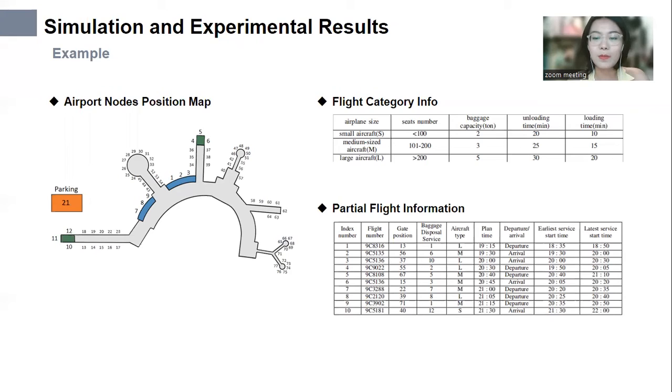Baggage departure areas are points 1, 2, 3, 7, 8, 9, and the baggage arrival areas are points 4, 5, 6, 10, 11, 12. And the rest represent the airport parking areas.